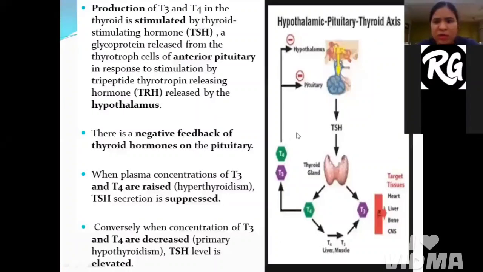So now you know the HPT, or hypothalamic pituitary thyroid axis: TRH is released from the hypothalamus, which stimulates the thyrotropes in the anterior pituitary to release TSH, and this TSH will produce T4 and T3 from the thyroid gland, which will then act on the target tissues and glands.